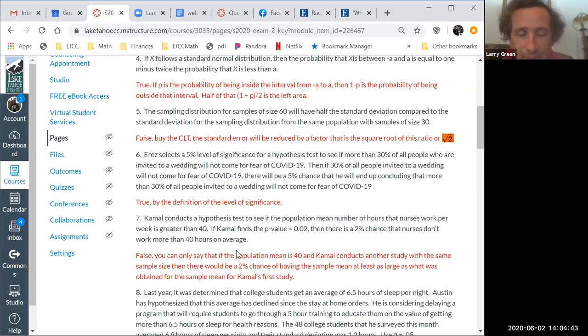The p-value would be that if nurses do work on average 40, and if another study was done, then there'd be a 2% chance that the other study would come up with results as extreme as what this study was. Very different than this. Any questions on number 7 on why it's false?